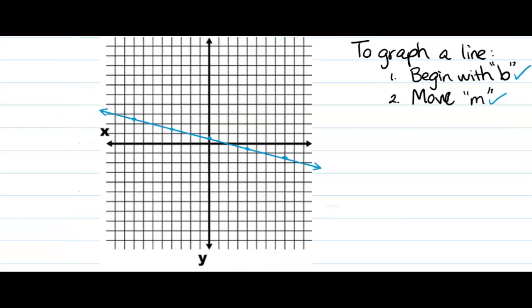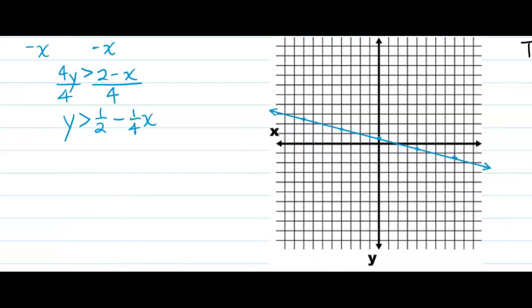Should it be dashed or solid? Well, looking at the original problem, it's strictly greater than, so it needs to be dashed. So I need to go back and make my line dashed. You can graph it with a dotted line to start with. I find it easier to graph the whole line and then make it a dotted line.